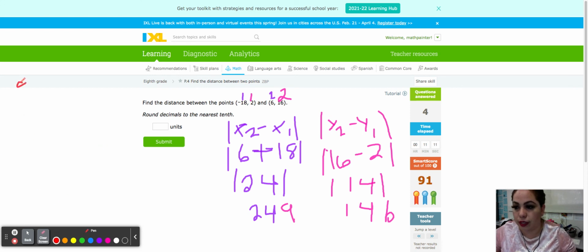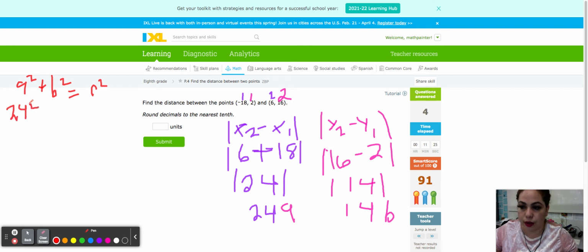Again, our formula is A squared plus B squared equals C squared. A squared is 24 squared plus 14 squared equals C squared.